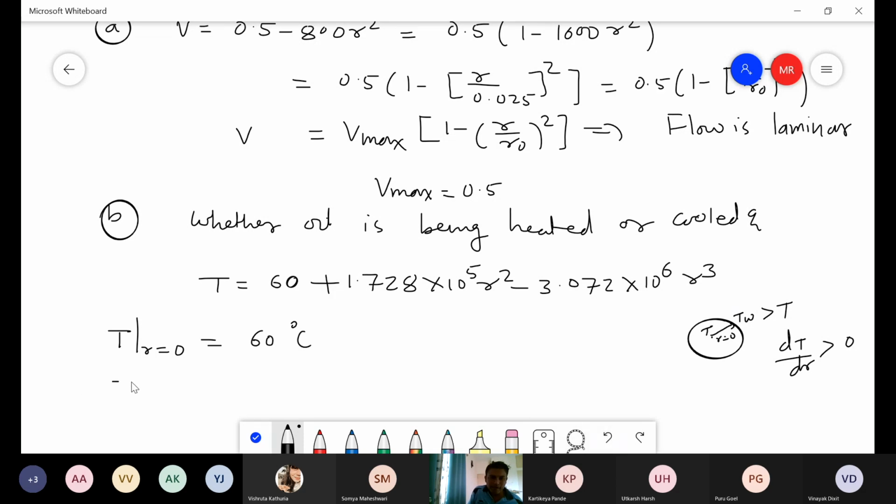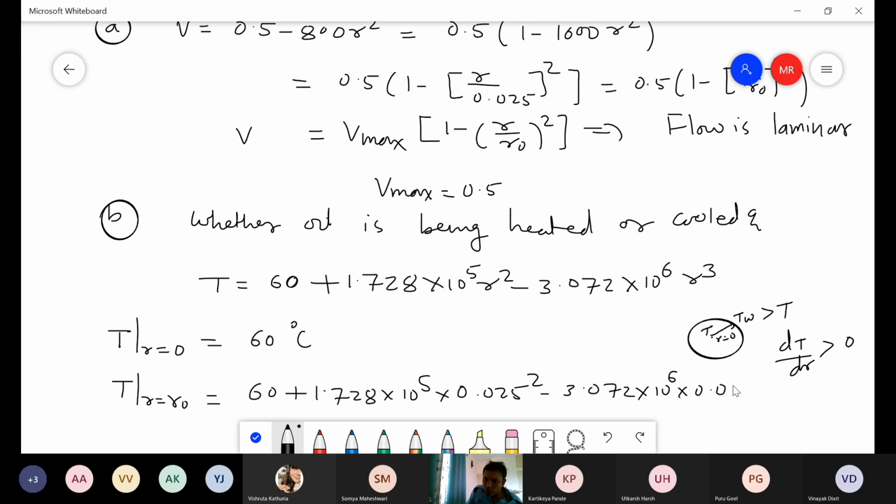Correct? And similarly, T at r equals r naught, you can find out directly by putting the value: 60 plus 1.728 into 10 raised to power 5 into 0.025 squared minus 3.072 into 10 raised to power 6 into 0.025 cubed, isn't it?